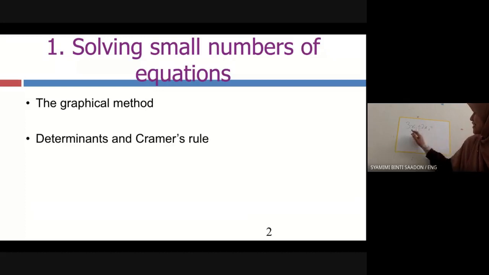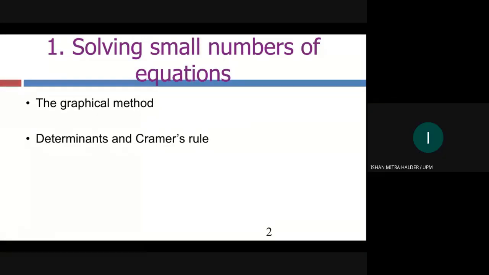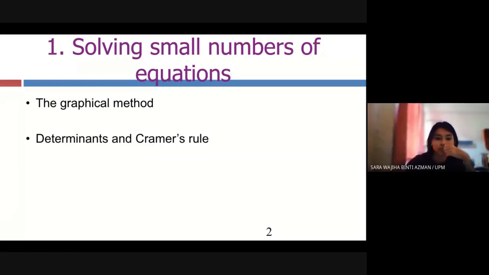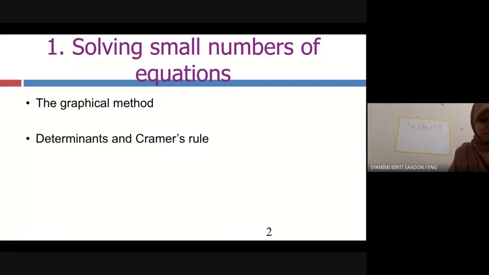Can you see the equation 3x1 plus 2x2 equals to 18? Okay, so this is an example of an algebraic equation. This is a linear equation, so we have two linear equations.